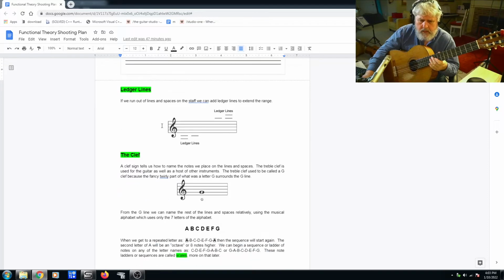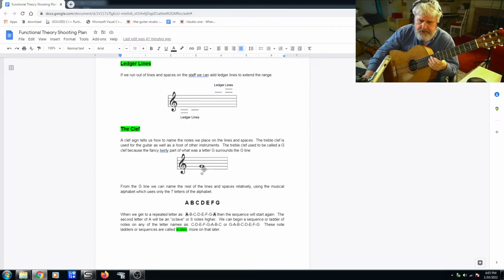All right. When we add a clef, in this case the treble clef, which used to be called the G clef, and the reason it was called the G clef is because that squiggly treble clef was actually an ornate letter G, and it surrounded the second line, and so that gives us a relative place to start.